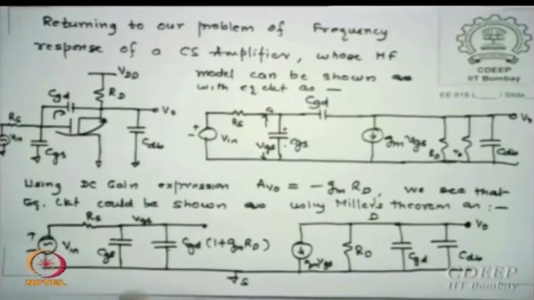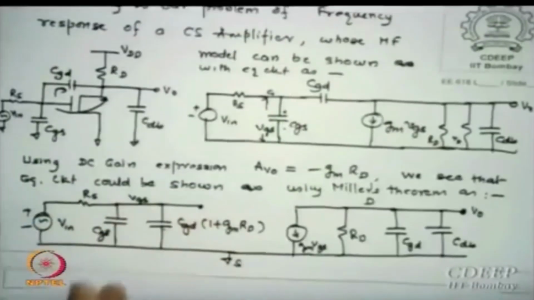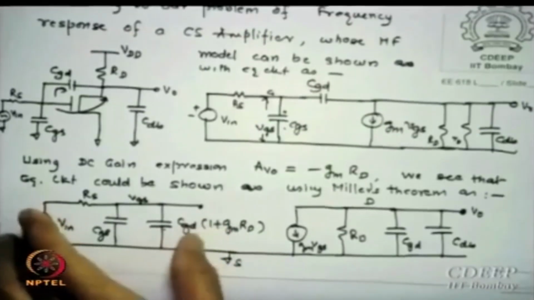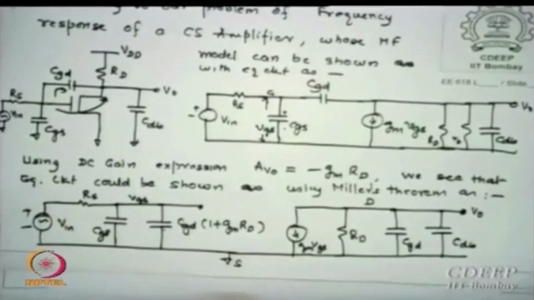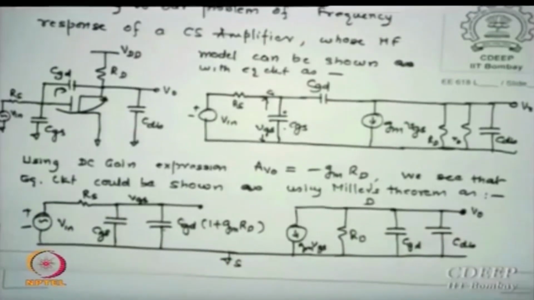Is that clear? So what is the time constant on the input? RS times CGS plus CGD times 1 plus GMRD, and the input pole is 1 upon that. Similarly, RD into the parallel combination of CGD and CDB, that is the sum CGD plus CDB, gives the output pole.